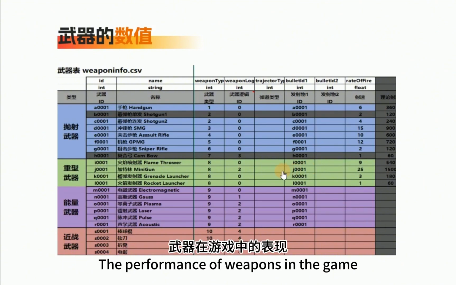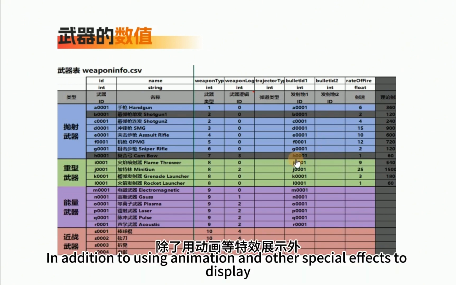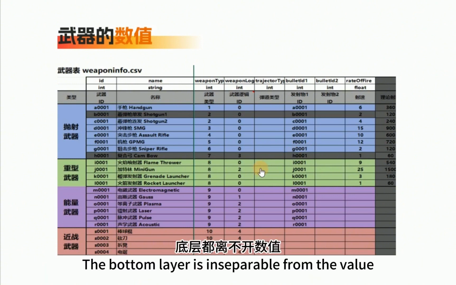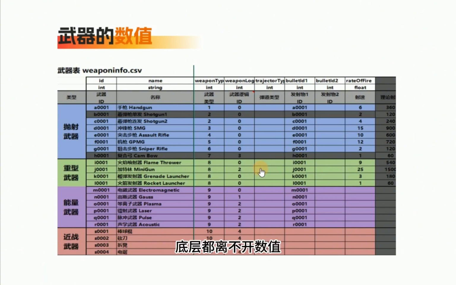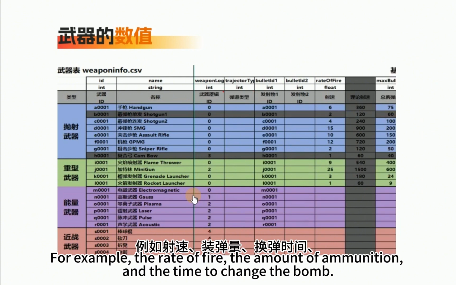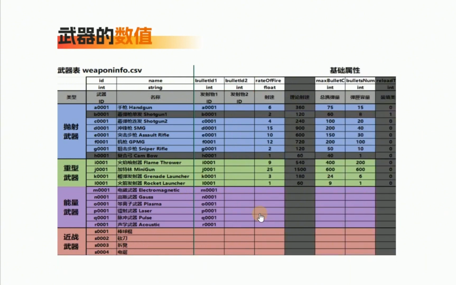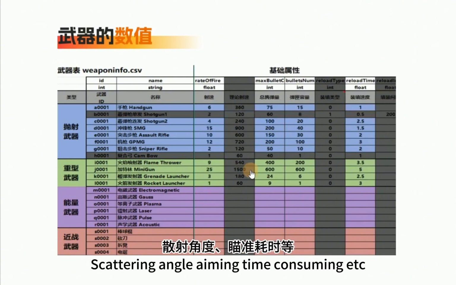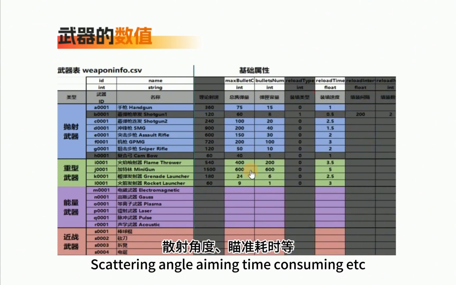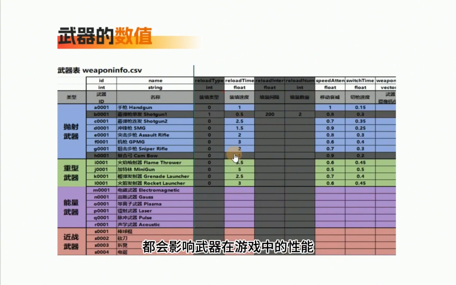The performance of weapons in the game, in addition to using animation and other special effects to display, is inseparable from values at the bottom layer. For example, the rate of fire, the amount of ammunition, and the time to change the magazine, scattering angle, aiming time, consumption, etc. can affect the performance of weapons in the game.